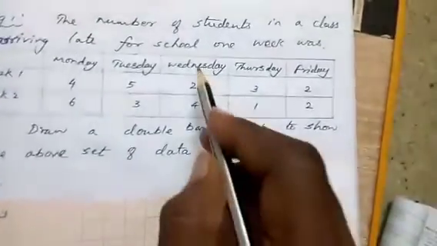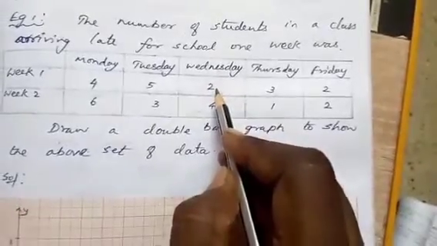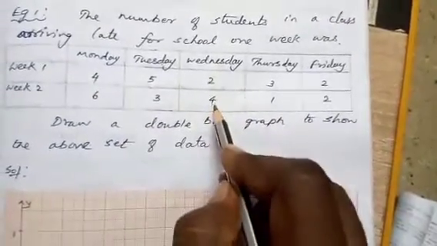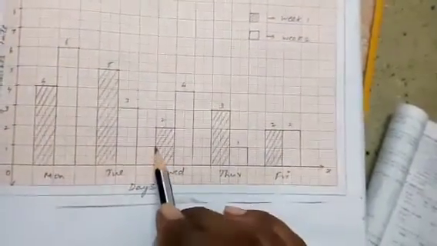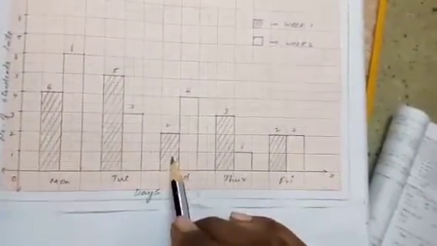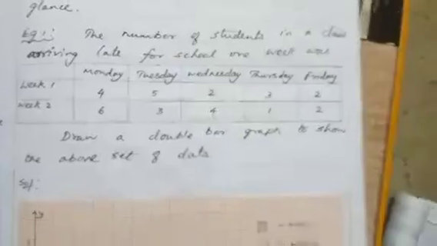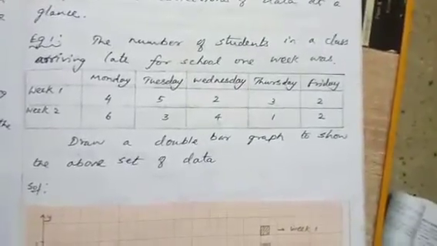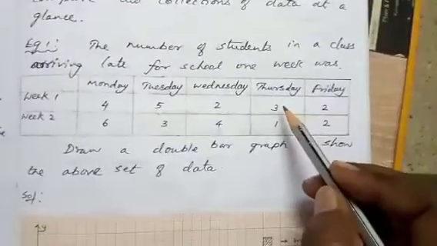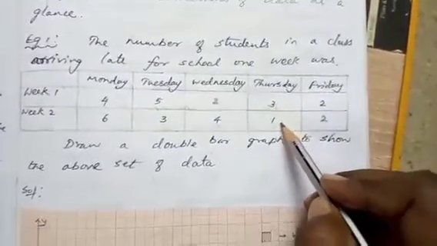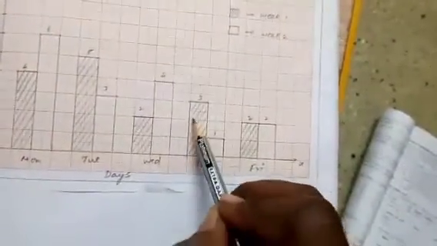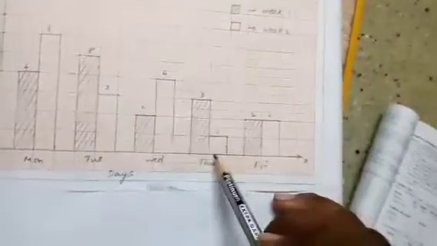Wednesday: week 1 is 2 students, week 2 is 4 students. Thursday: 3 students in week 1, 1 student in week 2.